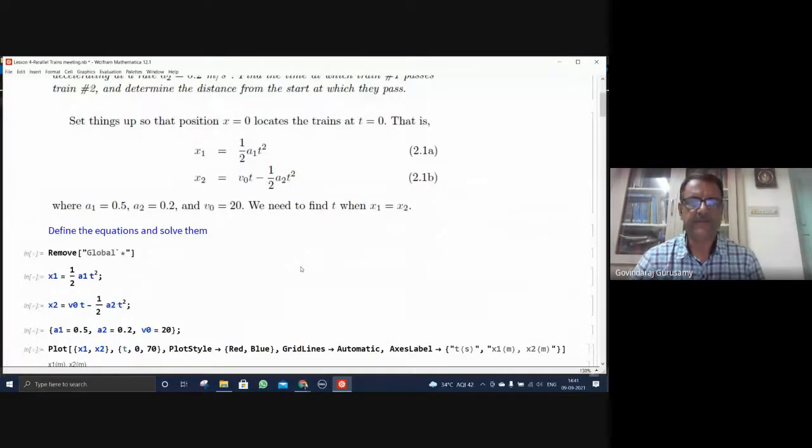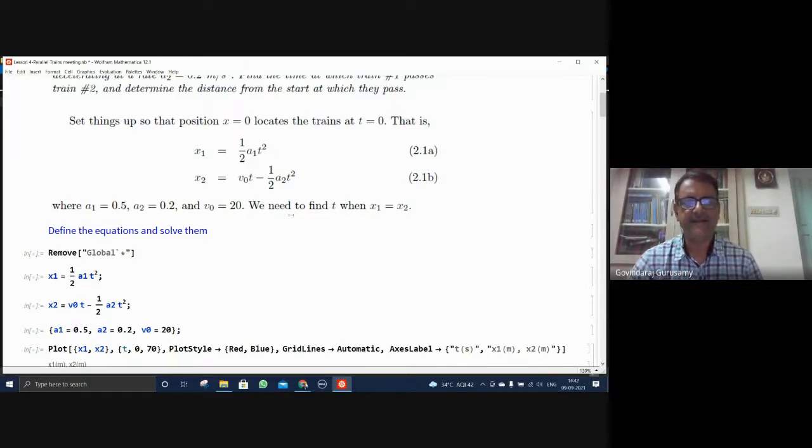One way to think about this problem, I can plot this x1 and x2 as a function of t. I do not know where they're going to meet, but I can plot the curves. x1 and x2, I can plot independently as a function of t. If they meet, they will be meeting somewhere, no?